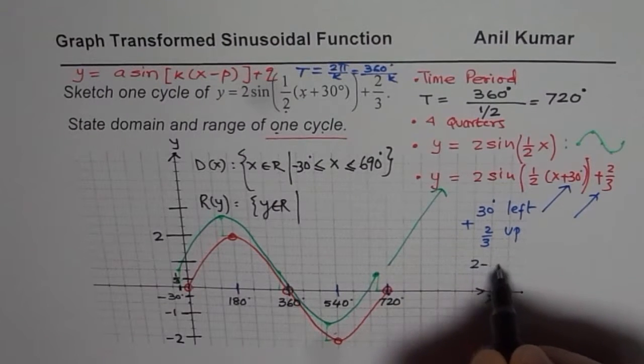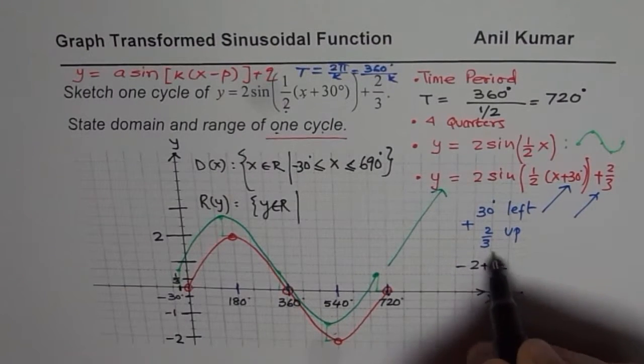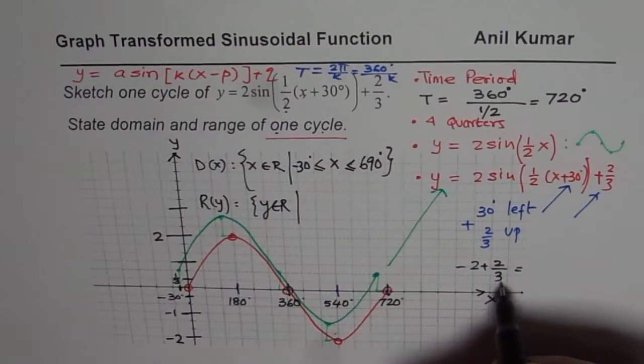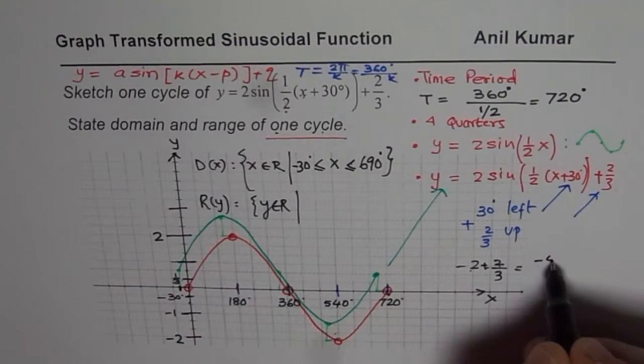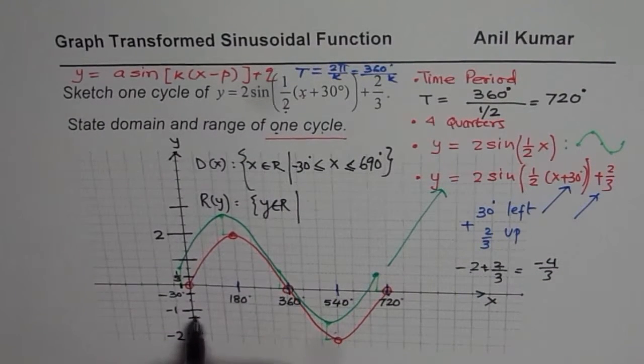So we could do minus 2 plus 2/3 since we moved up, right? So minus 2 plus 2/3, you can say, the minimum value plus 2/3 moving up. So that gives you minus 6 plus 2 over 3, or minus 4 over 3. So let us check, is this 4 over 3? Yes, it is, right? 1/3, 2/3, 3/3, 4 over 3.